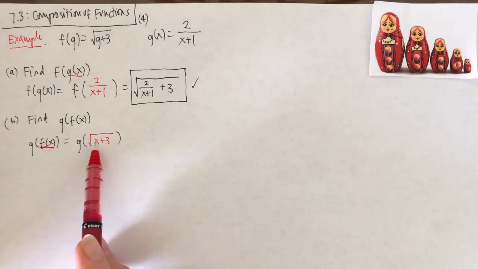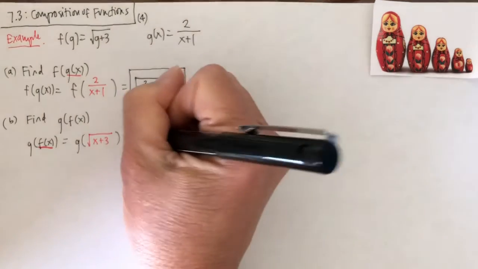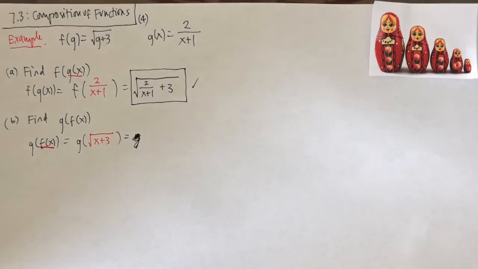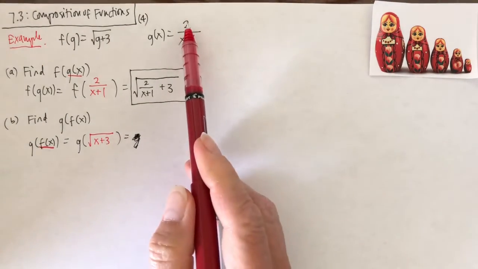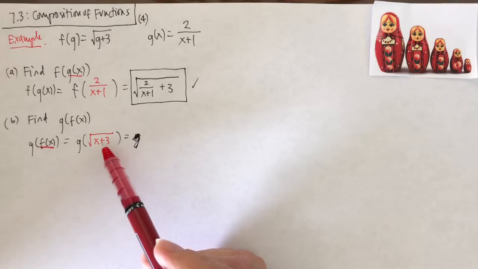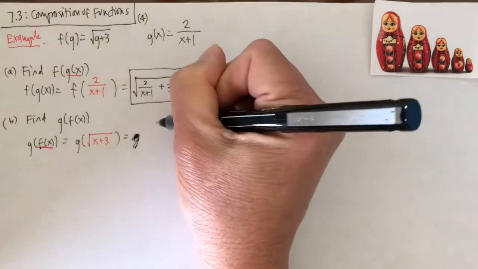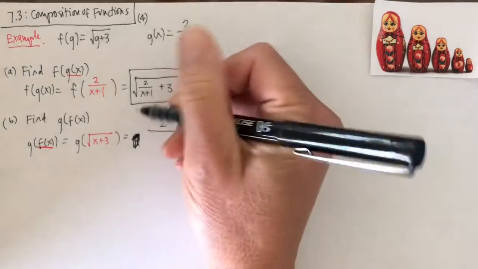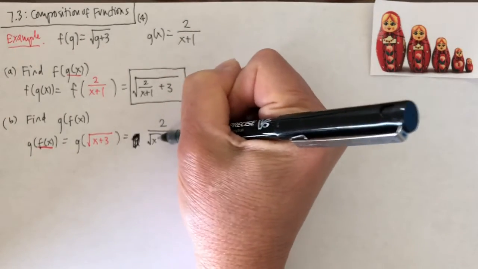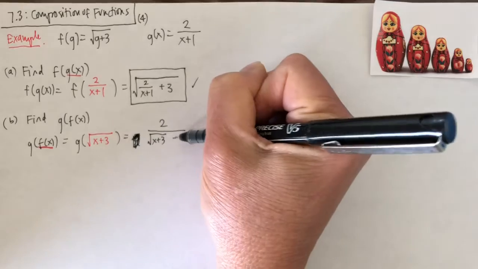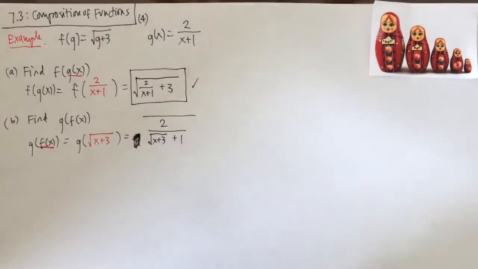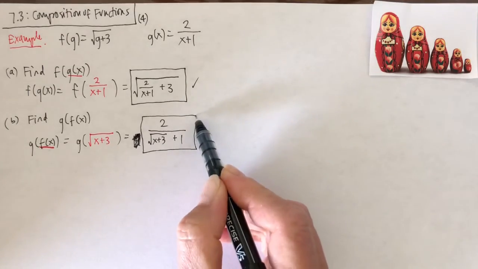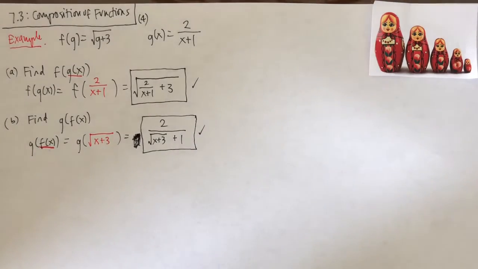So g of that is going to be 2 over my input plus 1, and this is my input. So 2 over the square root of x plus 3, plus 1. And that's it. This is g of f of x. This is a new function, which is the composition of those two functions.